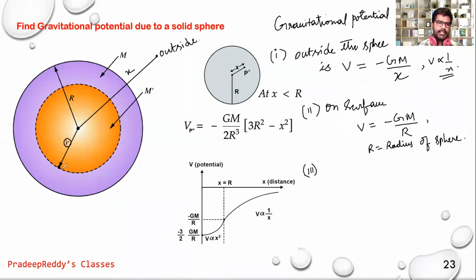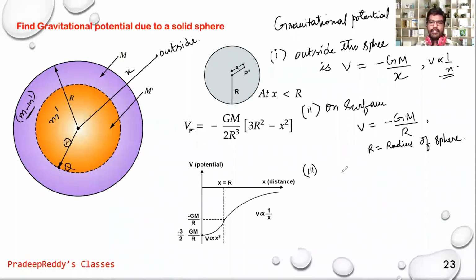So there will be potential due to, like, I can consider this mass as m dash and this mass as m minus m dash. Therefore, at this position inside the sphere, this point I can consider as Q. At this point Q, gravitational potential will be because of this m minus m dash mass as well as the m dash mass, because gravitational potential is a scalar, it does not get cancelled.